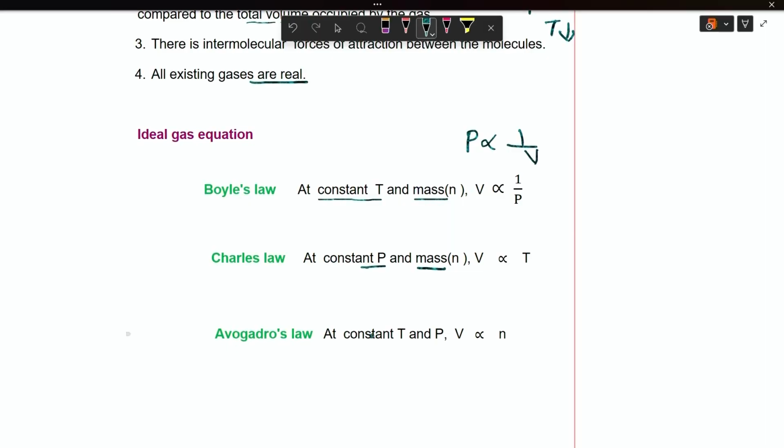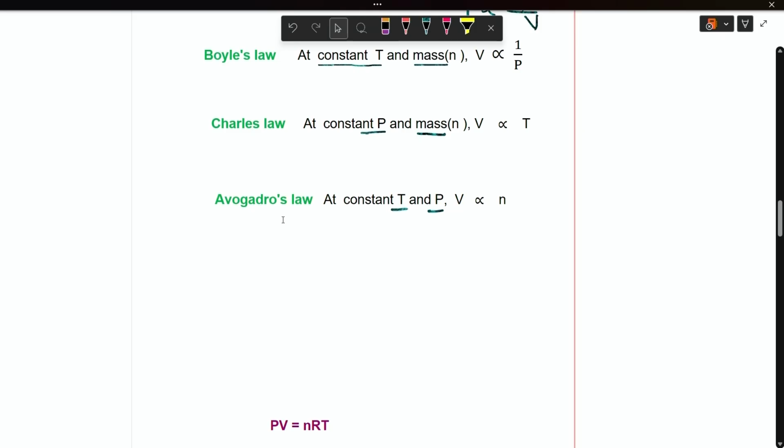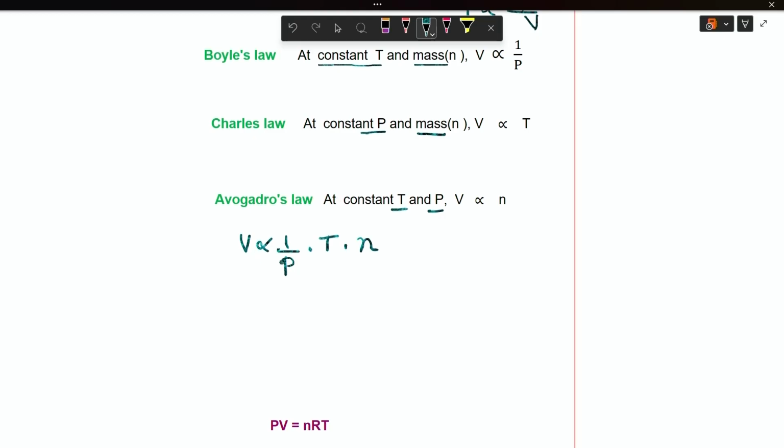In Avogadro's law, at constant temperature and pressure, volume is directly proportional to N. We have made this adjustment so that in all the cases it is in terms of volume: V proportional to 1 by P, V proportional to T, V proportional to N. Now I am going to combine all these together, so V is proportional to N into T by P.